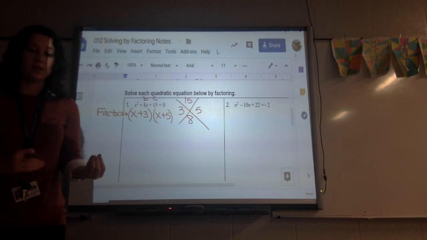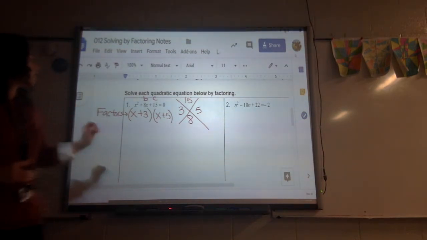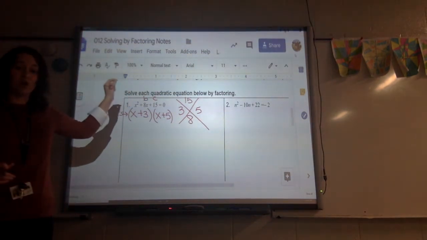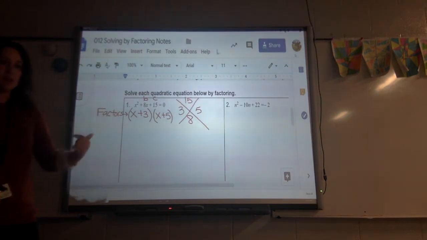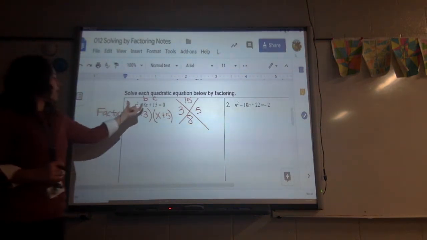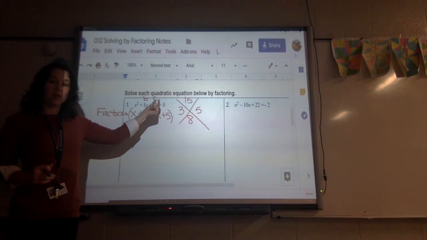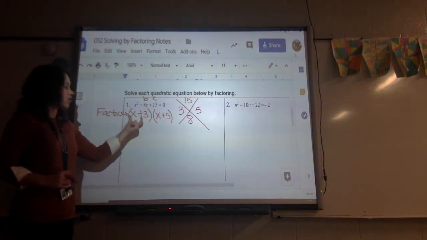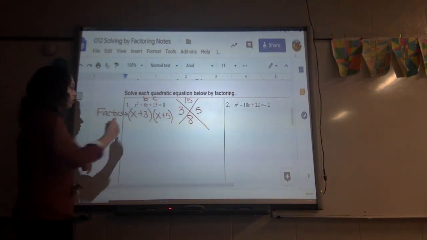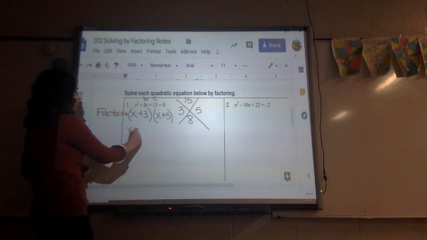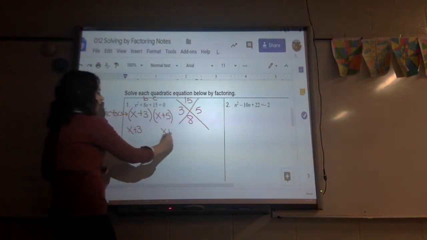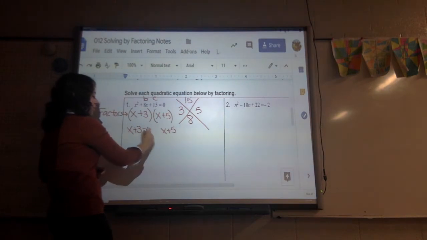Factors go in parentheses, okay? But my instructions here say to solve. So here's how I actually go a step farther and solve. We had this whole equation equal to 0. Now we've broken this equation down into two pieces. So I'm going to take each piece, the x plus 3 and the x plus 5, and set them equal to 0.